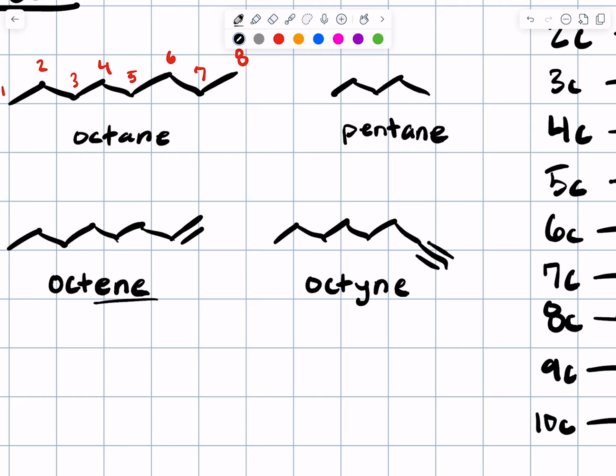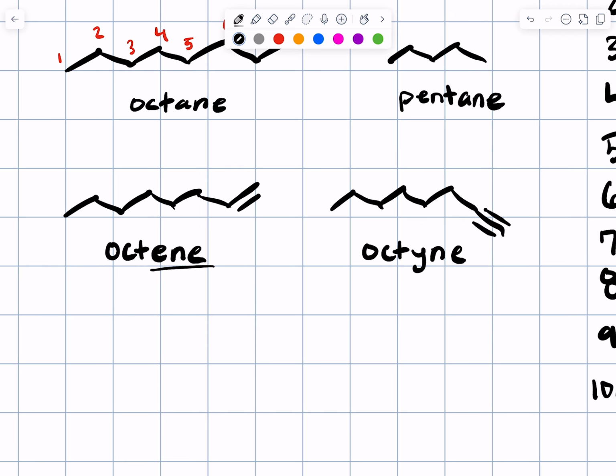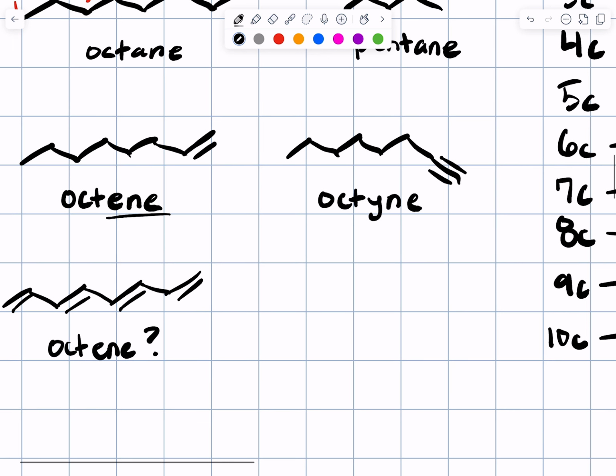Now, this doesn't tell the full story. For example, if I have multiple double bonds, so let's say I have this molecule. That's still an octene. But now I'm starting to get confused. I need more information. Or what if I just put it in a different place? What if I just put the double bond there?